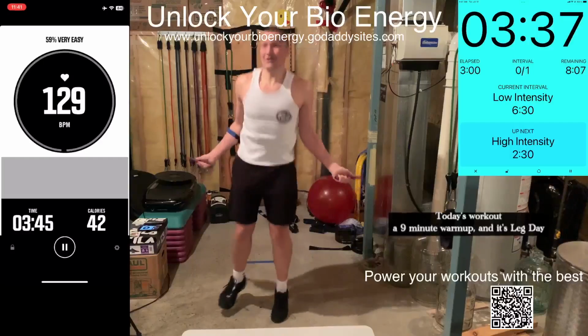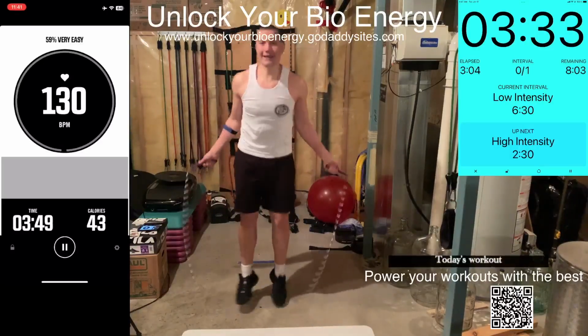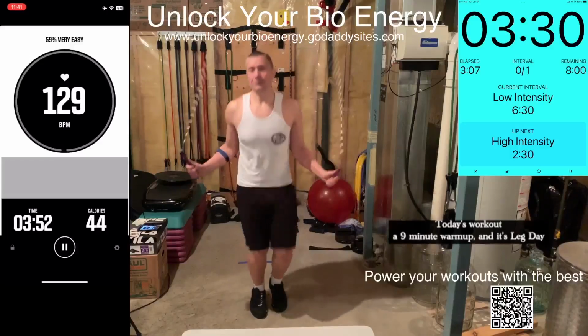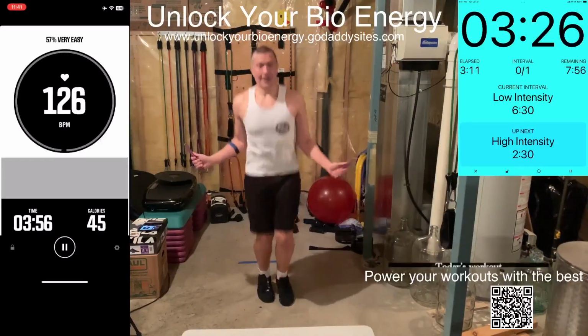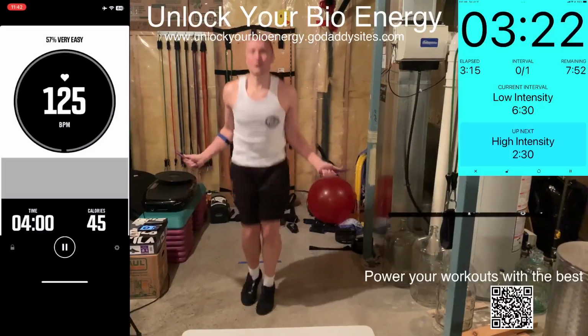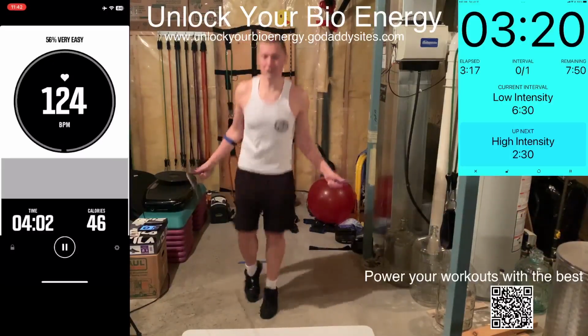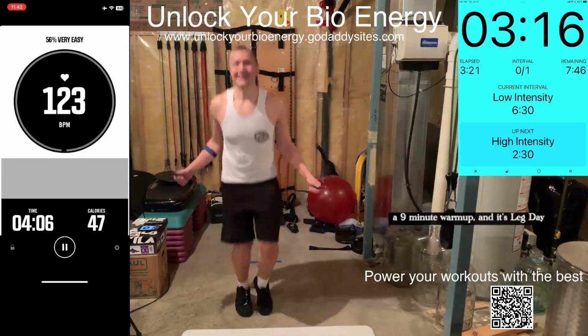It is known that the legs are a big muscle group for a lot of people, and it can promote higher levels of natural growth hormone production. That's a good thing.